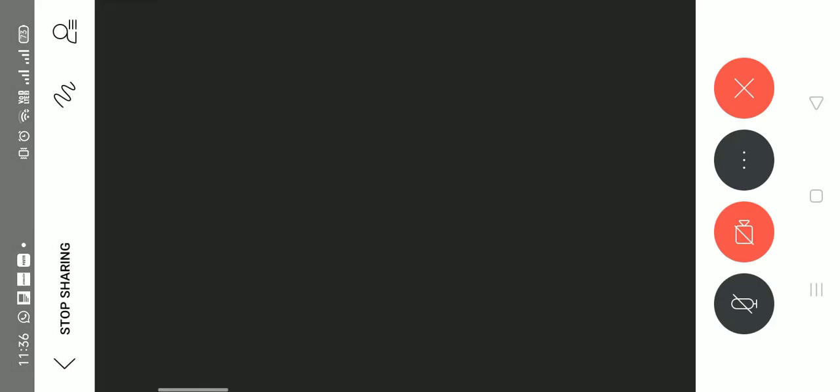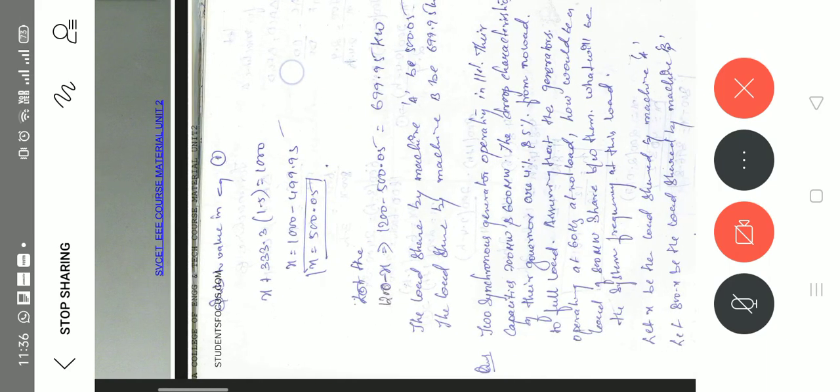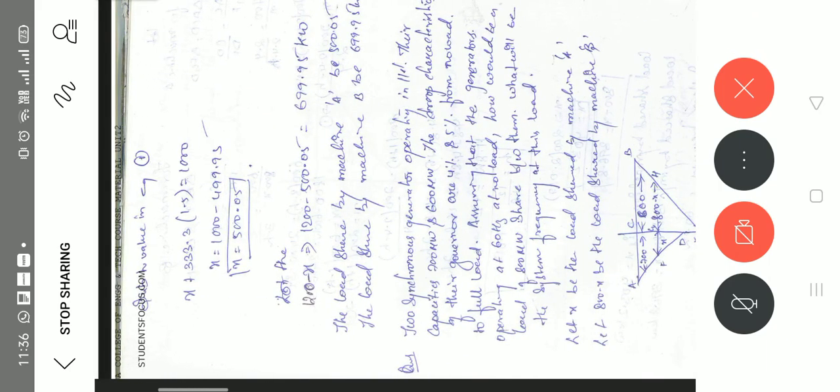So I am substituting the H value in the first equation: X plus 333.3 into 1.5. From this, the X value is 500.05 kilowatts.